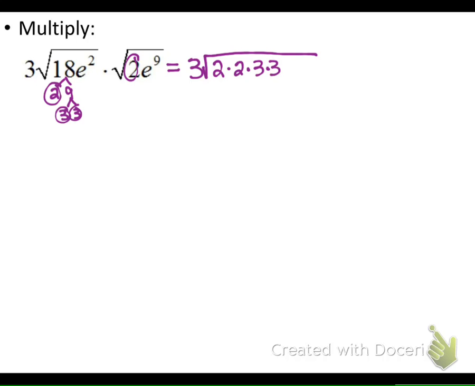Don't forget that other 2 up there. Then times... Now, each of these has a variable. They're the same variables, so we're going to multiply those variables together. So we're going to take e to the second times e to the ninth. When I multiply variables with exponents, I actually just add the exponents together. So if I add the exponents together, what do I end up with? 11. Yeah, e to the 11th.